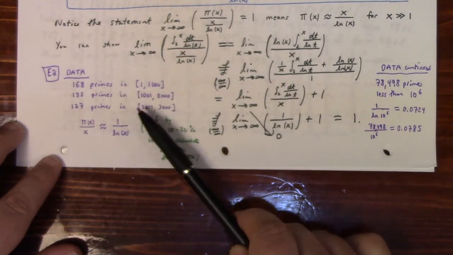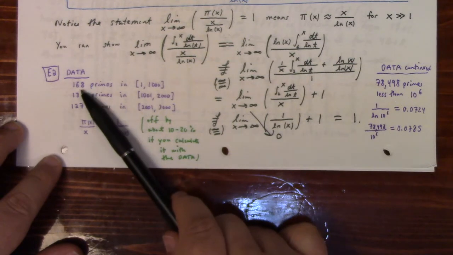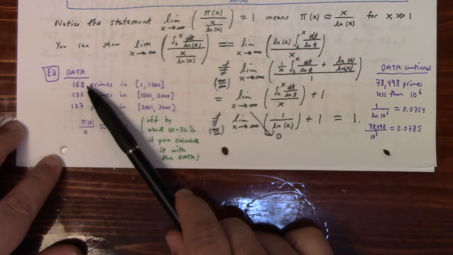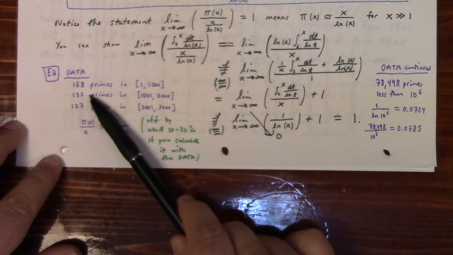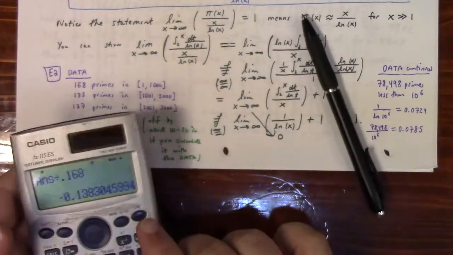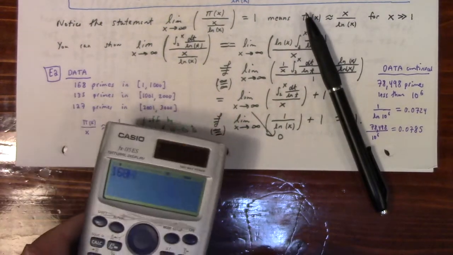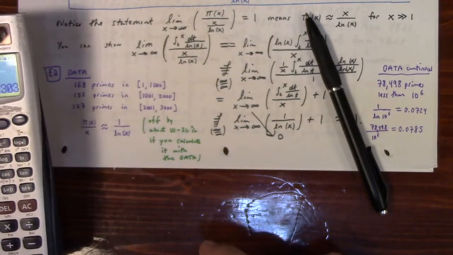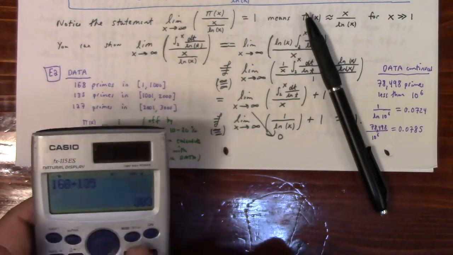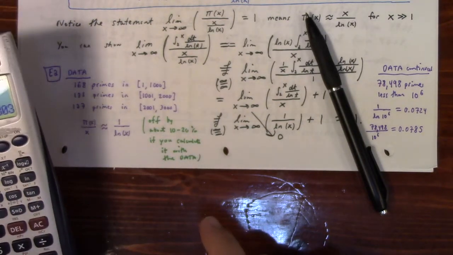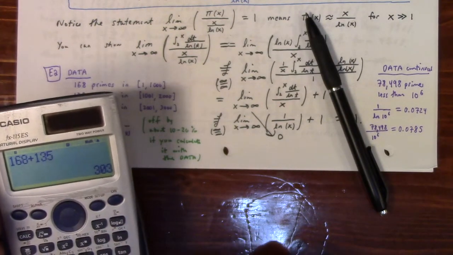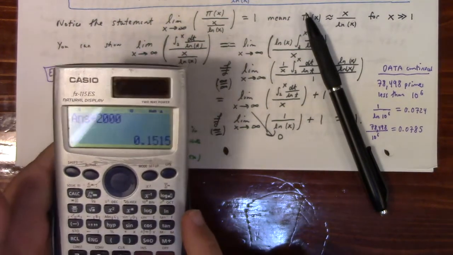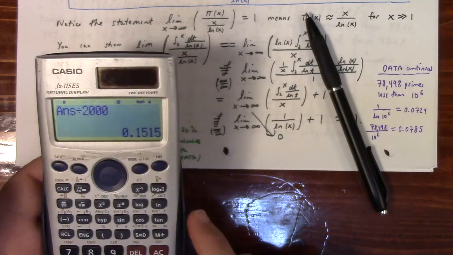If you compare 1 over log x versus pi of x over x, you can figure it out from here, right? What's pi of 2,000? Well, pi of 2,000 would be 168 plus 135, the number of primes less than 2,000, 303 apparently. So if I divide by 2,000, I get 0.515, that's pi of x over x, all right?